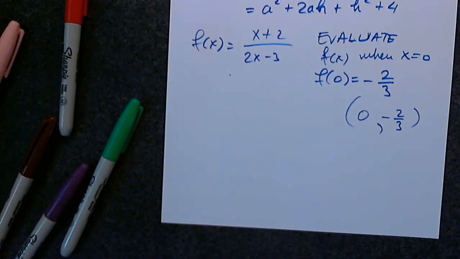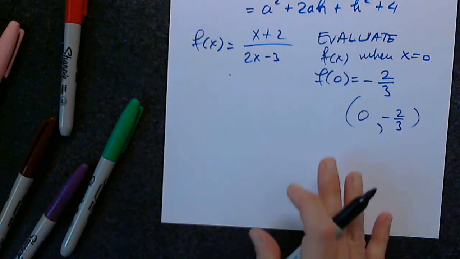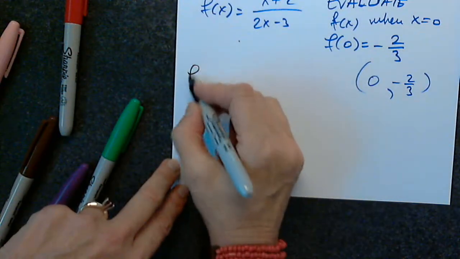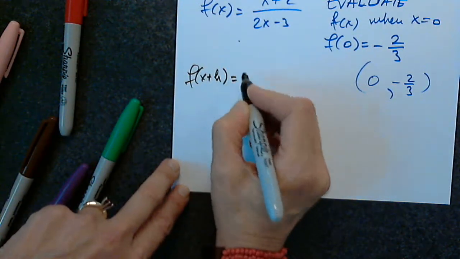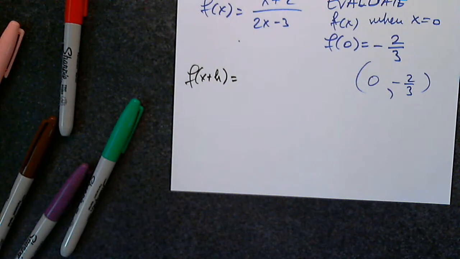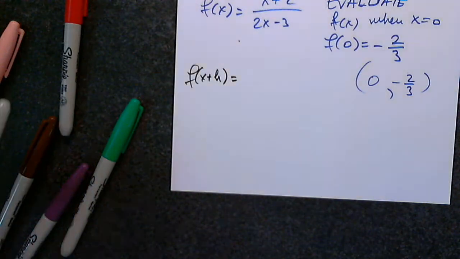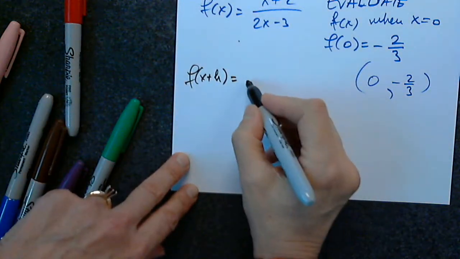Okay, what if for this particular function, let's say I am asked to find f of x plus h. Because I will be asked to determine this in the next section, and you will see what happens. I know the pattern, I understand the pattern, I see it, I know exactly what to do. Please dictate.